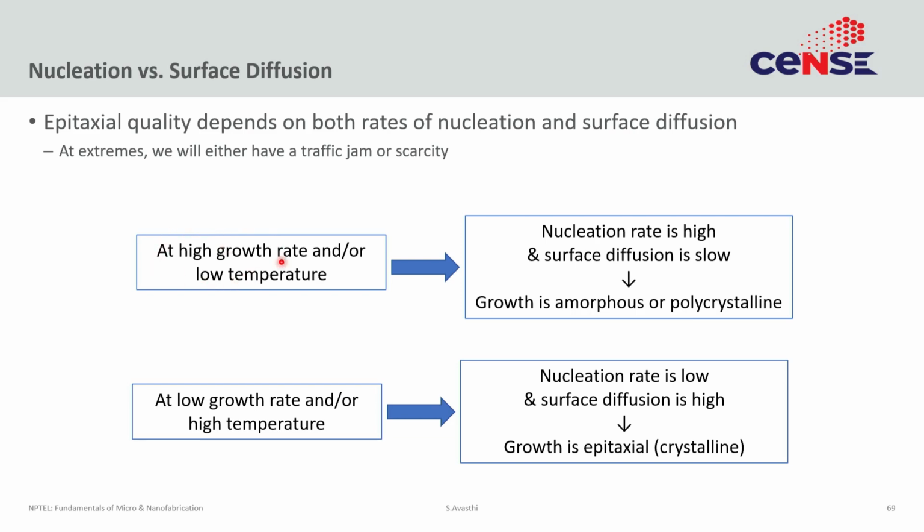So, supposing this film grows at a very high growth rate, or you are doing this at very low temperature, in that case your nucleation rate is very high, because how do you get high growth rate? Remember, you increase the partial pressure, and what does higher partial pressure do? Increase supersaturation. And what does higher supersaturation do? Cause more nucleation. So, in this case the nucleation rate is high, but the surface diffusion rate is low. Why?